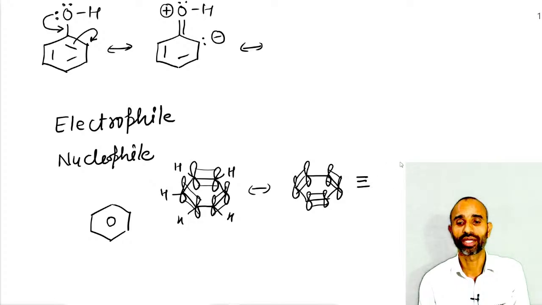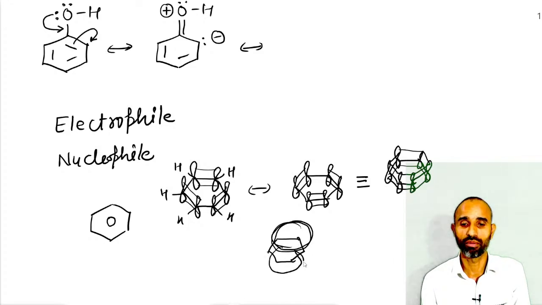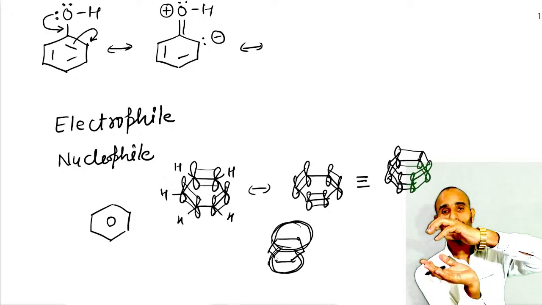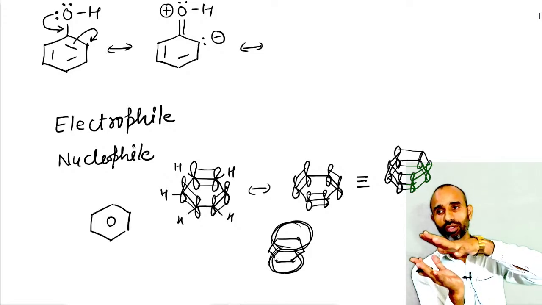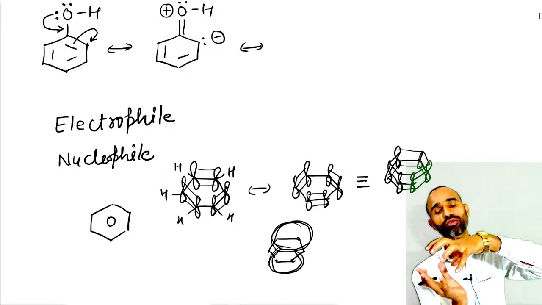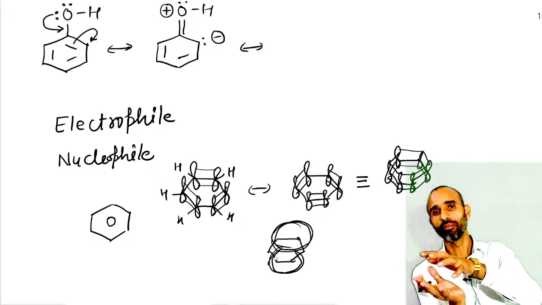So in actual, all the p orbitals overlap with each other. So there are pi electron clouds above and below the plane. Because of these electron clouds, the carbon and hydrogen skeleton is encompassed by those pi electron clouds, and therefore the pi electron cloud makes it electron rich.